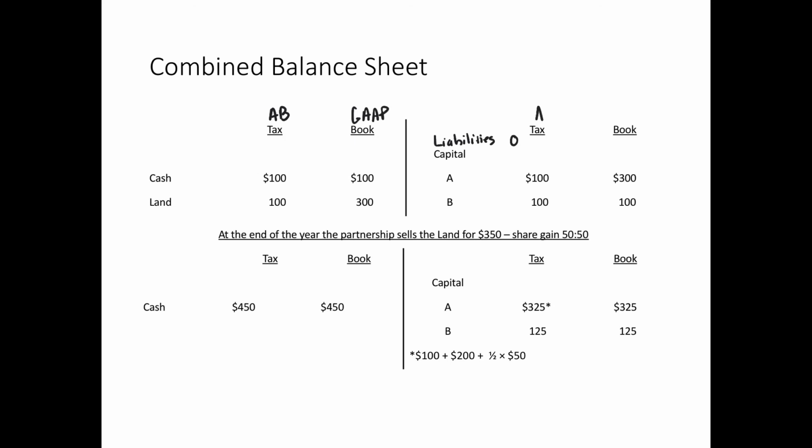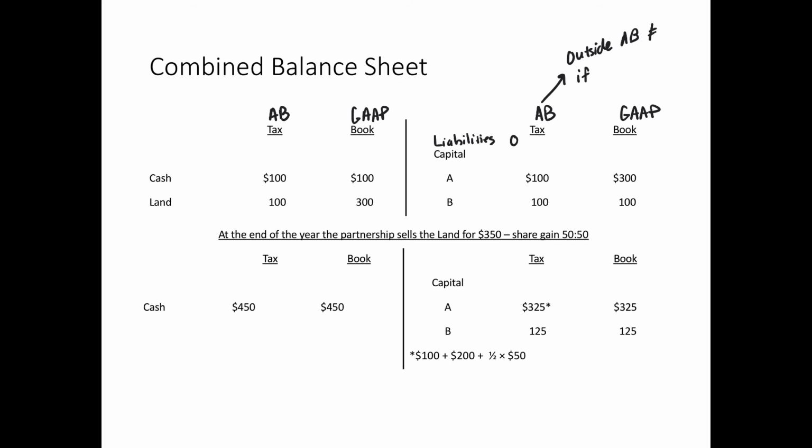Same here, adjusted basis and GAAP. Okay? Now, one thing I want to note is this adjusted basis in the capital accounts will not equal the outside basis of the partner if there are liabilities, okay?